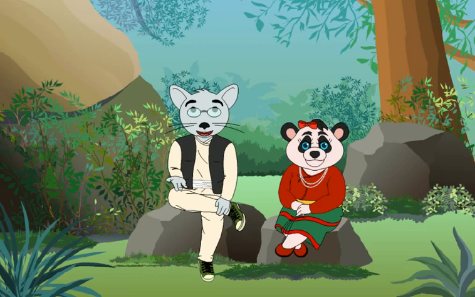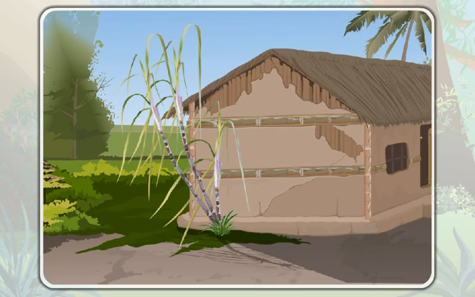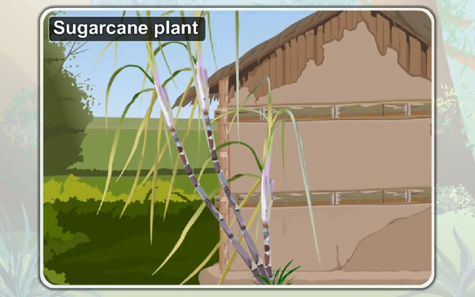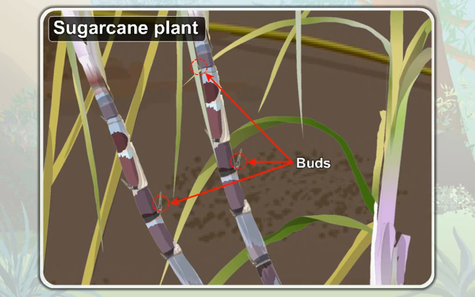Have you seen a sugarcane plant? This is a sugarcane plant. Let us look at the stem of the sugarcane plant. You can see the buds on the stem of the sugarcane plant.